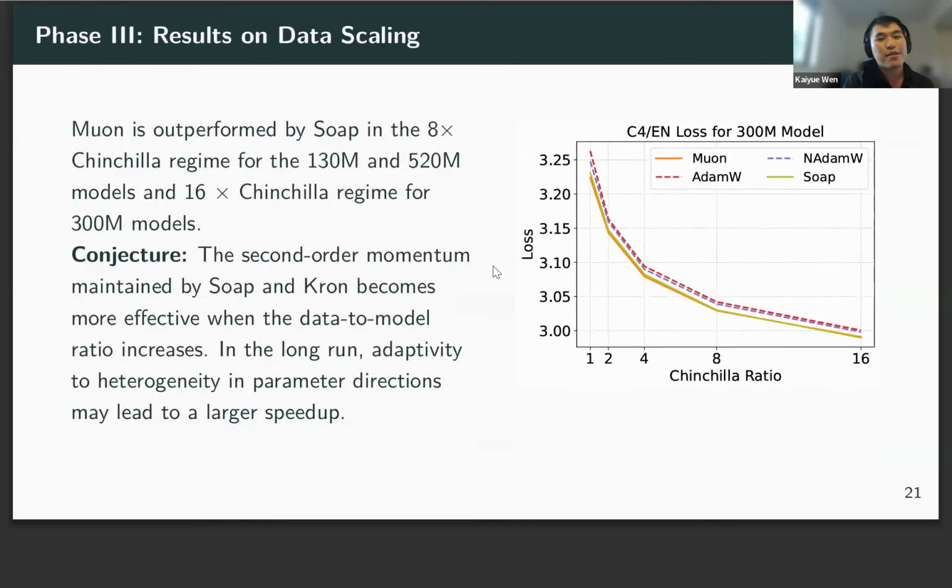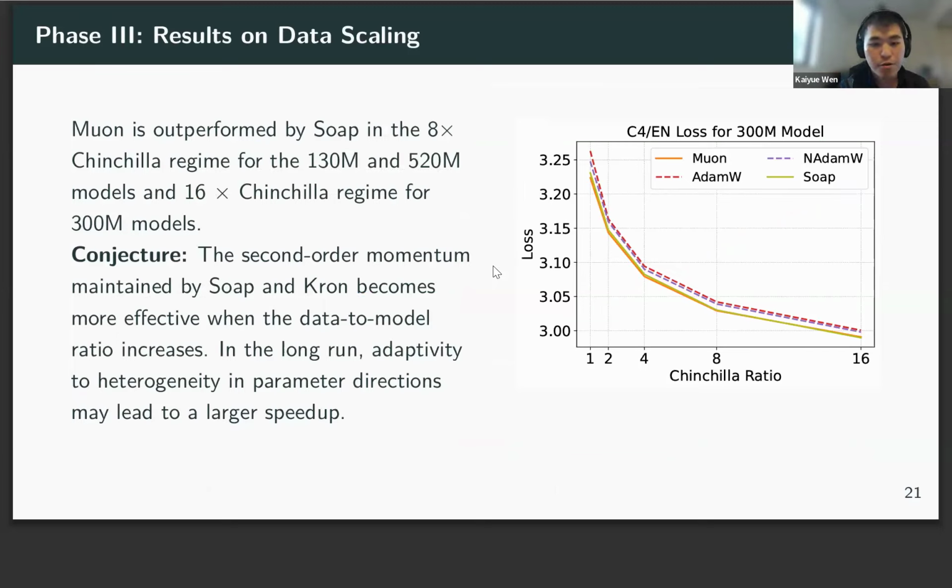Yeah, so going back to the data scaling part, we suspect that the second order momentum kept by SOAP, which is roughly the same as the second order momentum kept by Shampoo, can be more effective when the data to model ratio increases.